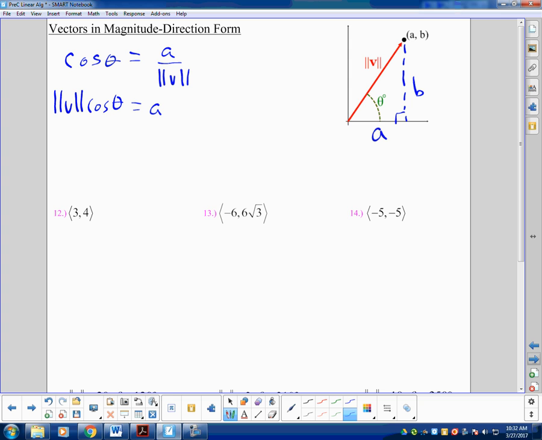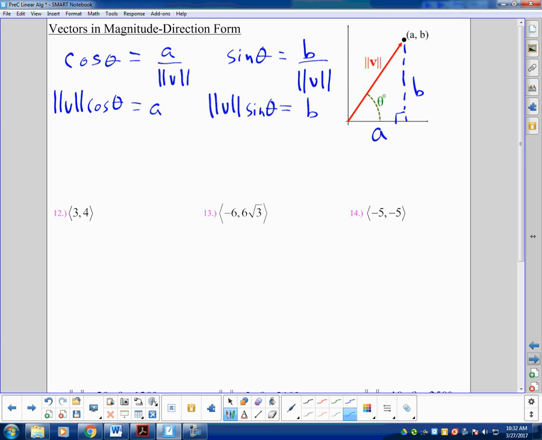And I can do the same thing with sine of theta. Sine of theta is equal to opposite B over magnitude of V. So B is equal to magnitude of V sine of theta. And so those are my formulas that will change these vectors into magnitude direction form.